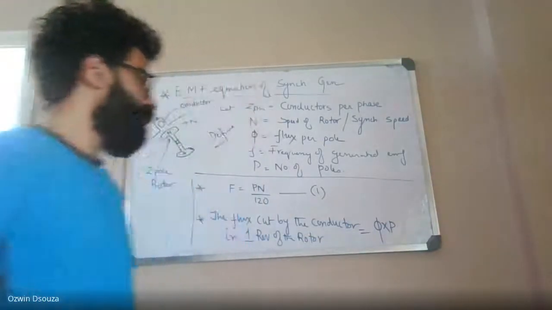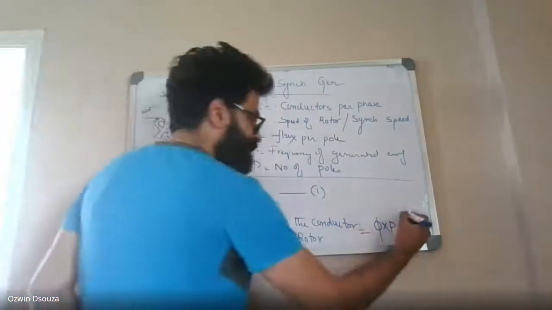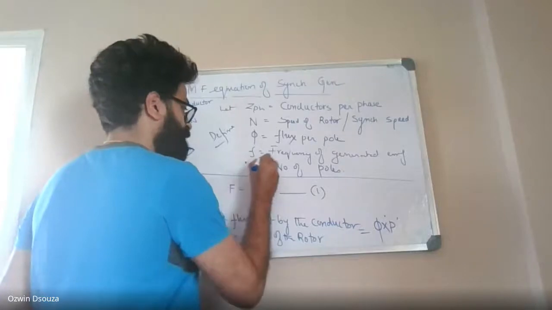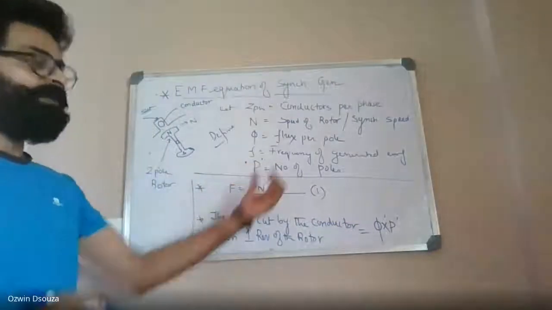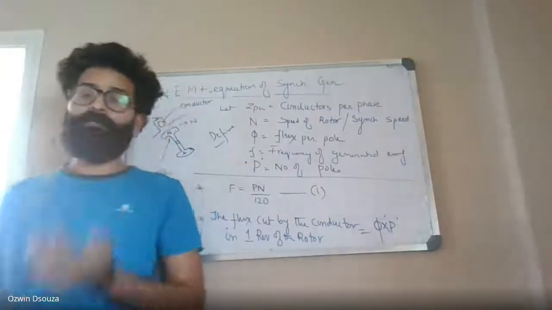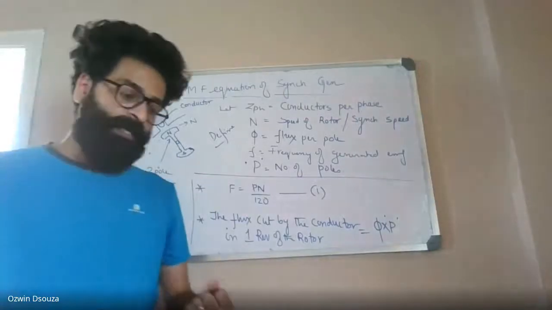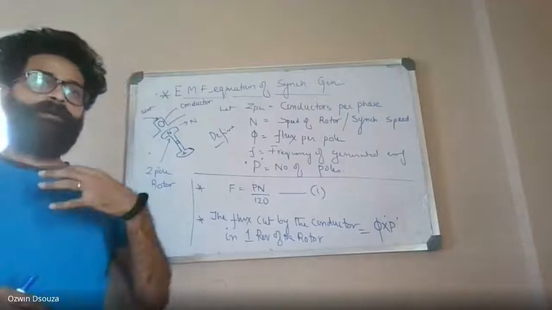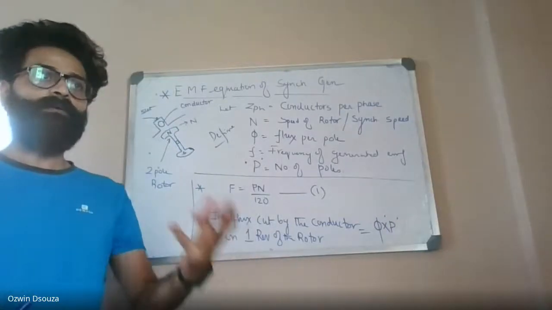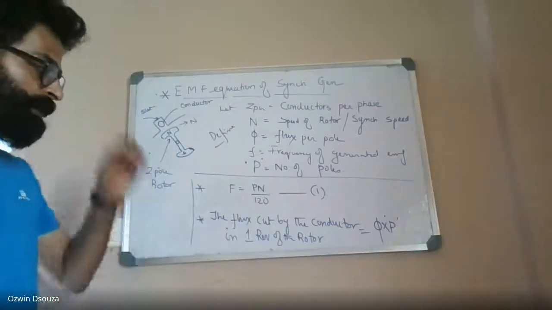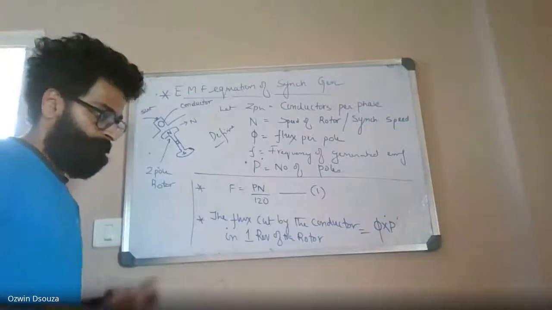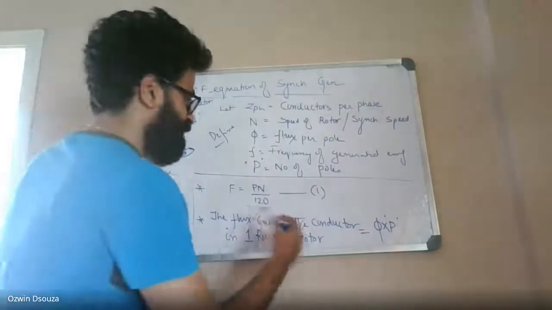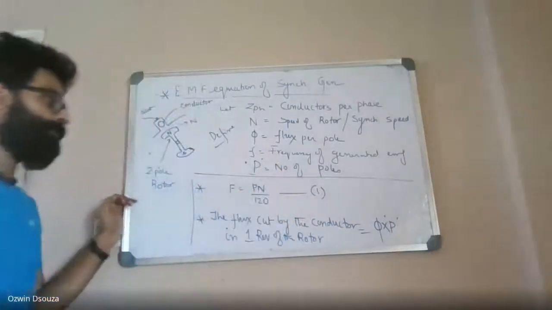So what we have considered is a general machine in which we have assumed there are P number of poles, because in your ultimate EMF expression, what you have to do is just replace the value of P with the appropriate number. So that being the objective, we have considered a P-pole machine.